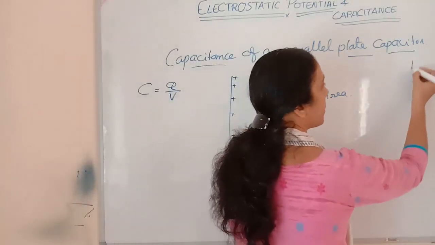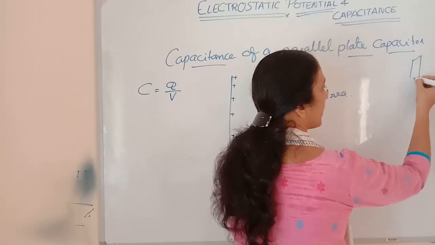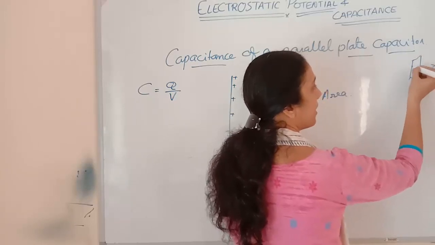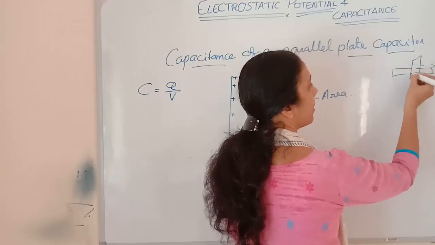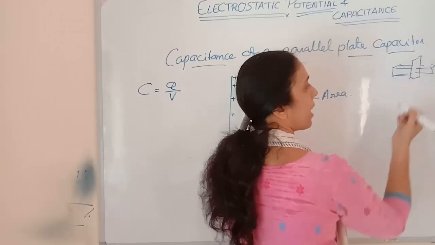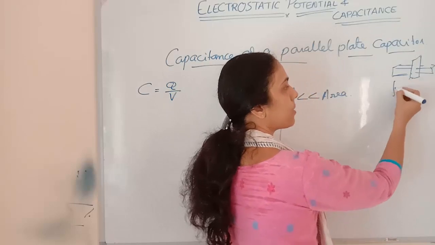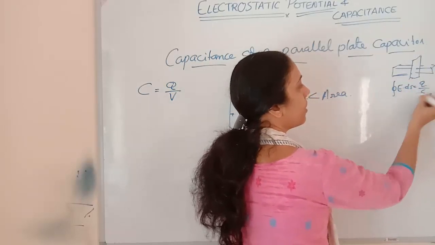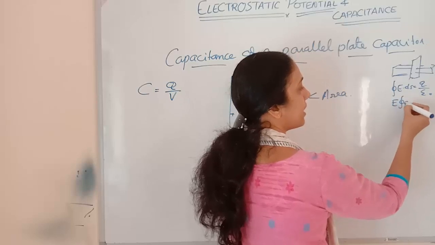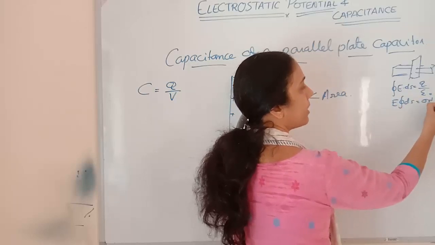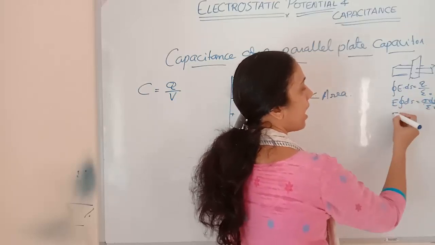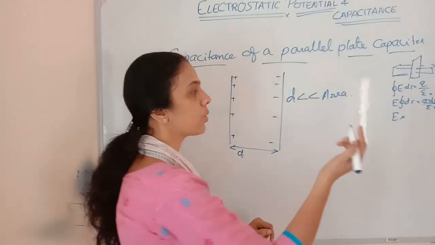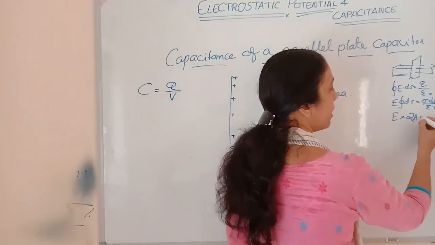We consider a parallelopiped on both sides. E times closed integral ds equals sigma ds divided by epsilon 0, and for E ds we must consider both sides, so ds becomes 2A.